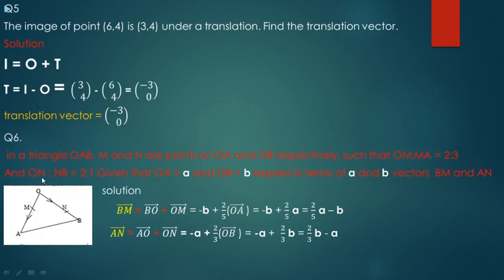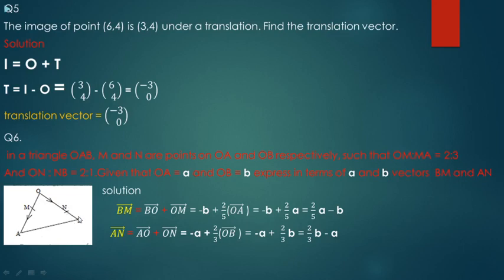And we are also told that ON to NB is 2:1. So that means the whole line is 2 plus 1, which is 3. Given that OA is vector A and OB is vector B, express in terms of A and B vector BM and AN.